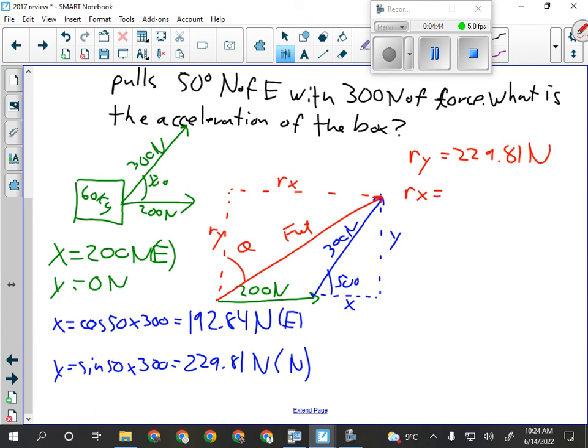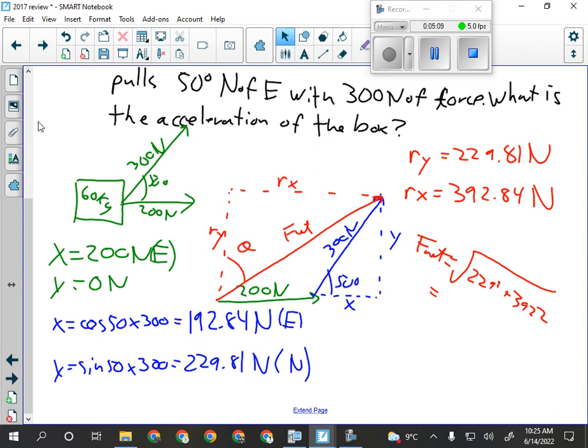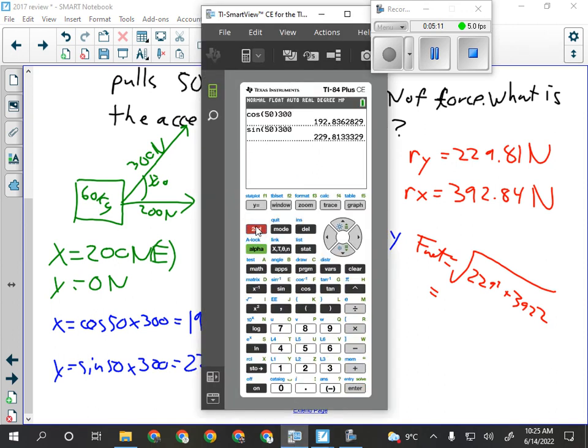Rx is going to be the vector sum of 200 and 192.84, so 392.84. Now that I've got my resultant x and y, I can find F net by doing a Pythagorean theorem calculation: 229 squared plus 392 squared. Obviously I'm going to keep all the decimals in my calculator when I do that calculation.